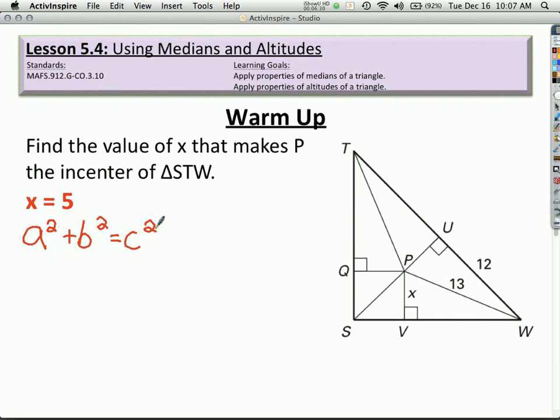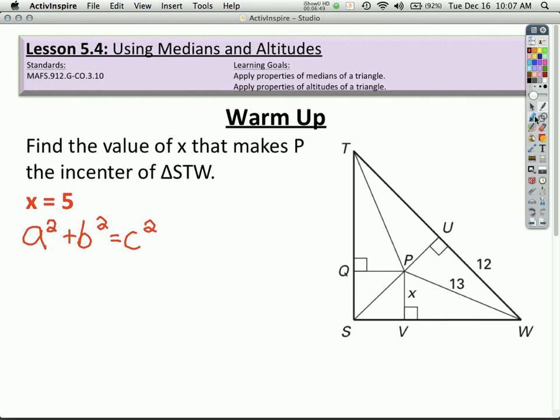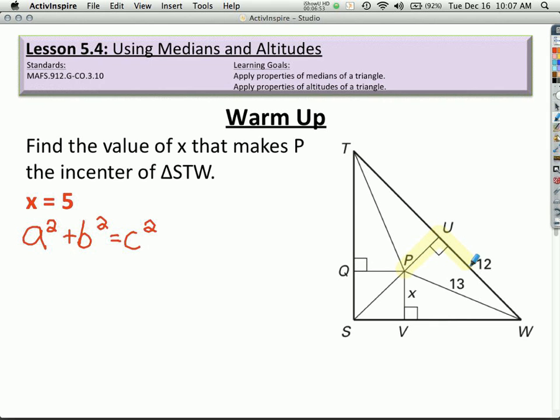I actually see 3 that are obvious, and then there's going to be a 4th one, a 5th one, and a 6th one. So there's actually 6 right triangles that we could use. Which one did you use? So you use this triangle right here, P, U, W.